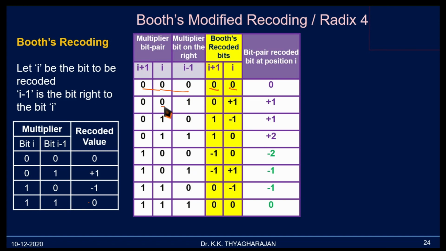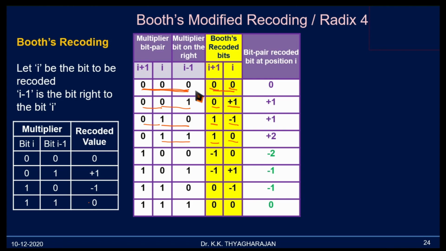Then in the next case 0, 1 means plus 1, it will be recoded as plus 1. Then these 2 bits 0, 0 will be recoded as 0. This is 1, 0, it will be recoded as minus 1 and this 0, 1 will be recoded as 1 because 0, 1 is plus 1. Similarly, for these 2 bits 1, 1, the recoded value is 0. For 0, 1, the recoded value is 1. Similarly, you can recode all the combinations.